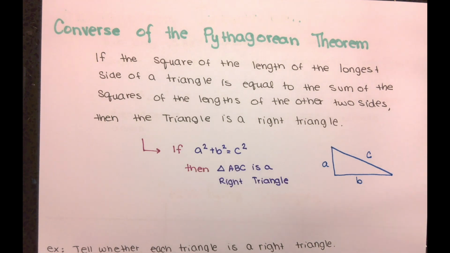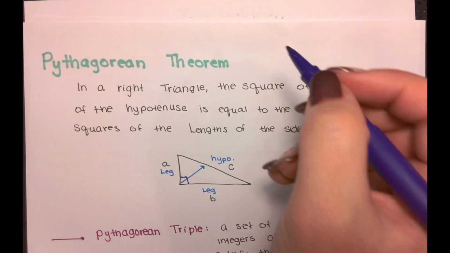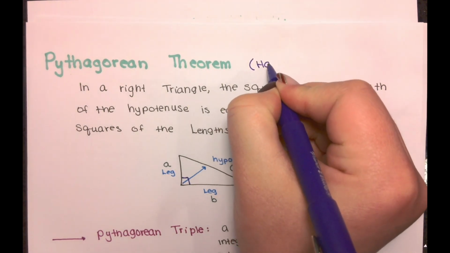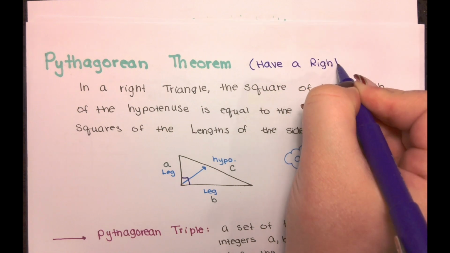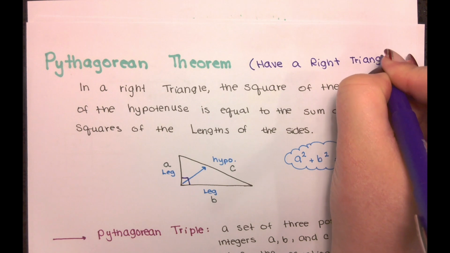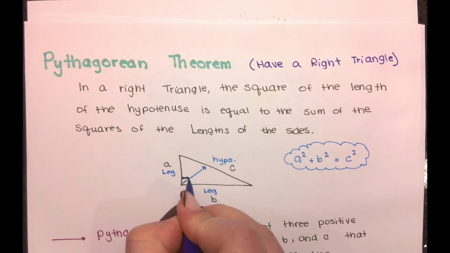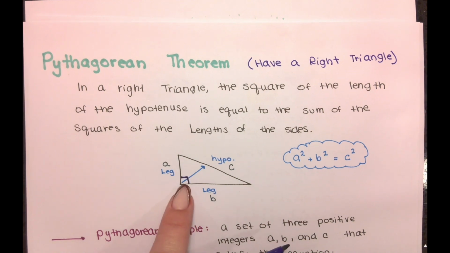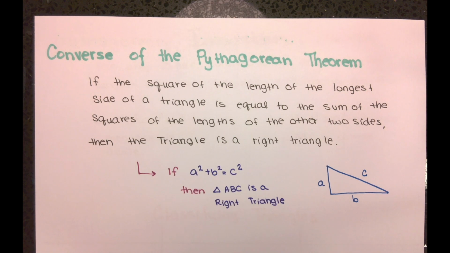So I'm going to go back into our notes where we have our Pythagorean theorem, just for a quick second. And so Pythagorean theorem says that you have a right triangle. That's given to you. You will see a little box to show that you have a right angle. For the converse, you do not know if it's a right triangle.